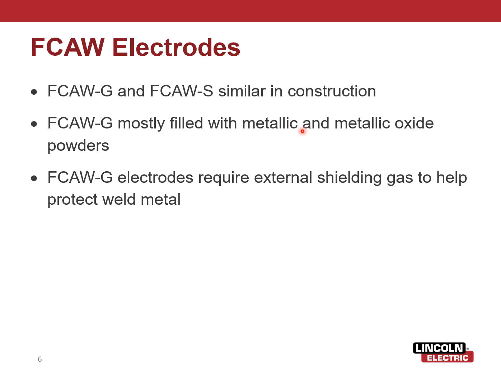The gas shielded electrodes require that extra external shielding gas because they don't have near as many additives as a self-shielded, and so you do not get that extra gas shield at the tip of your electrode like you would even in SMAW. Because they have fewer additives than a self-shielded, you're not getting that extra cloud of gas shielding, so you have to introduce gas shielding via a cylinder, so that argon or 100% CO2.